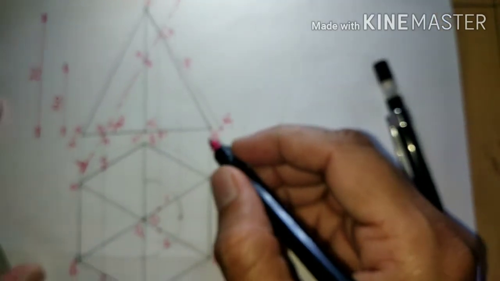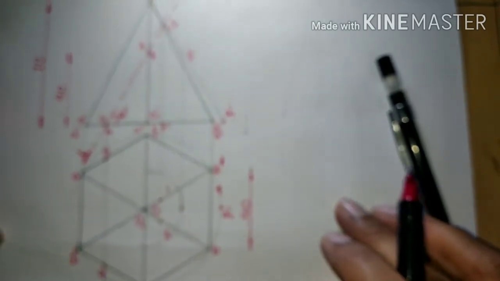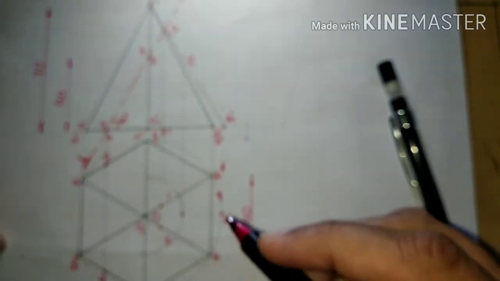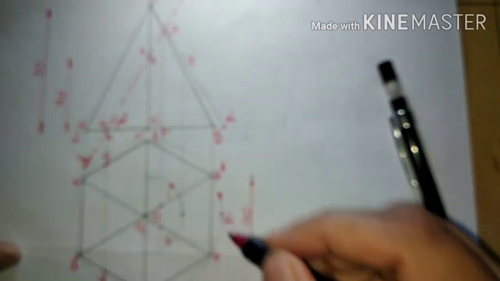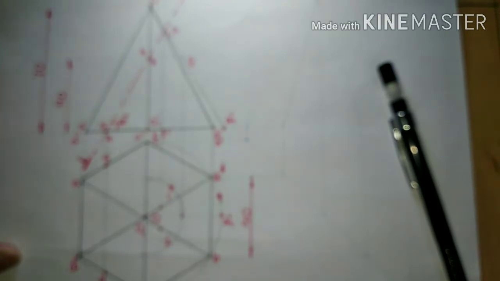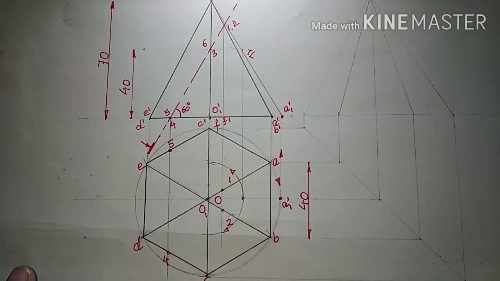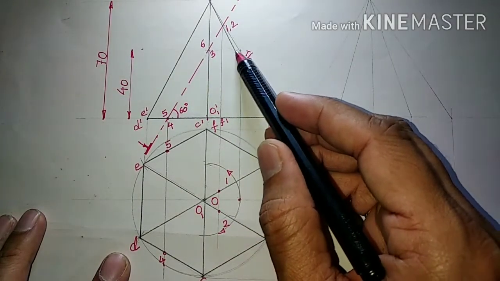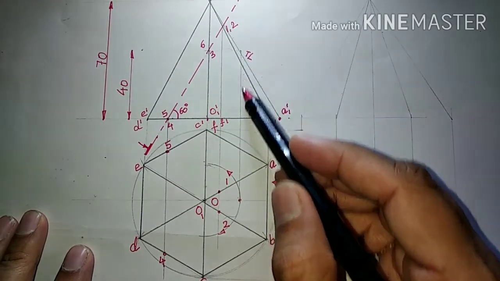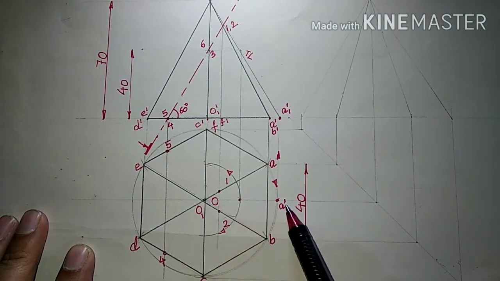So what I have done, I transferred these points. We have taken this 3 6, we have transferred it on the true length, we have brought it down on this horizontal line of OA1 dash.